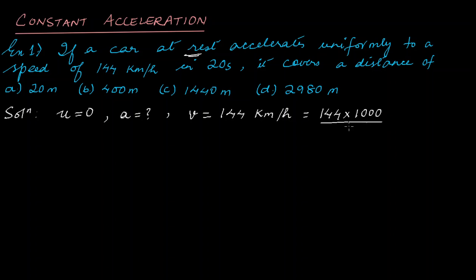Divided by 1 hour. 1 hour is equal to how many seconds? 3600 seconds. So now this will be meters per second. If you do some cancellation, this and this will go, 36 and 4. So 4 into 10, this will be 40 meters per second.